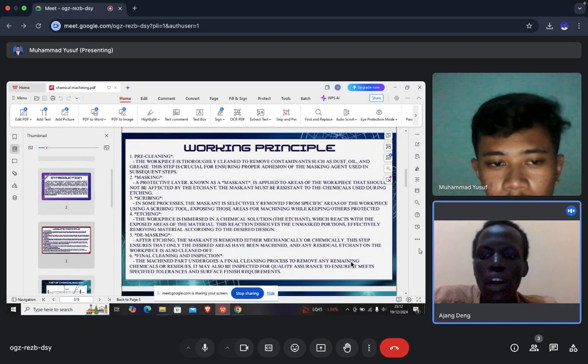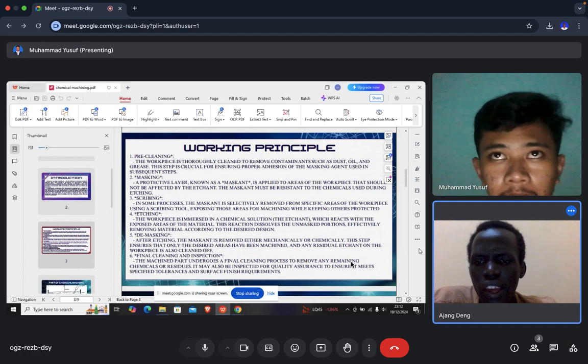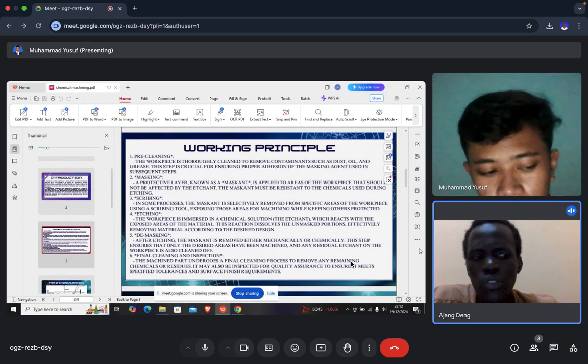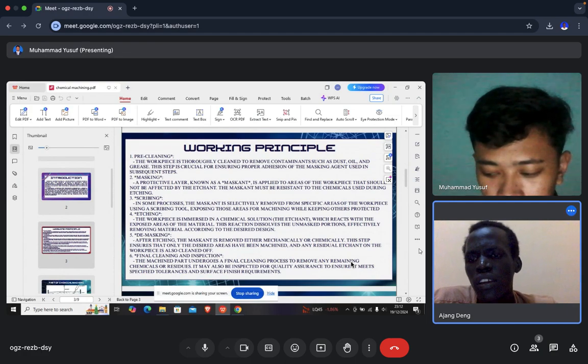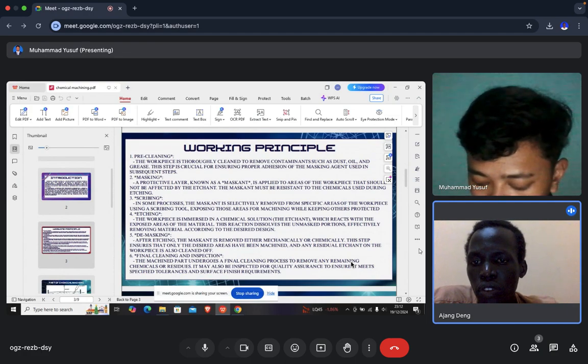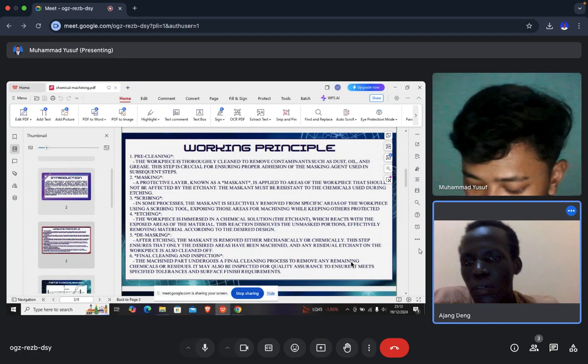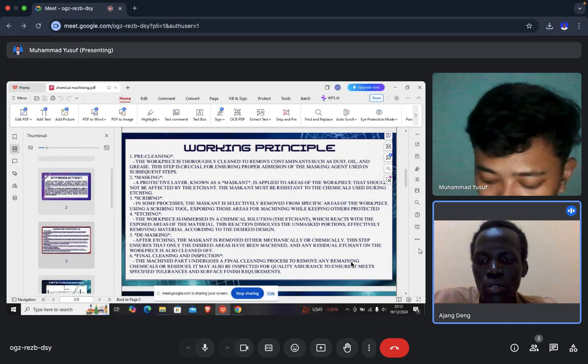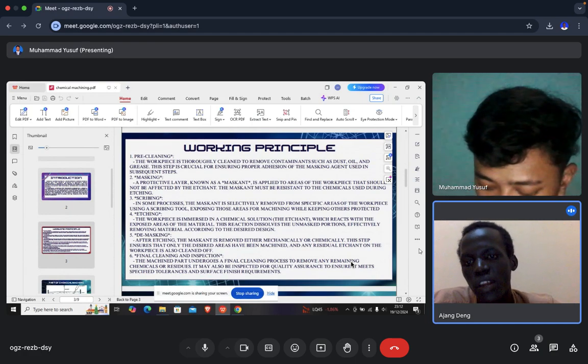Before we can do any kind of chemical reaction or practical work, the workpiece, material, or tools involved must be clean and free from contamination, because otherwise it is not going to give us good results. So pre-cleaning is the first step and one of the most important steps in the working principle.